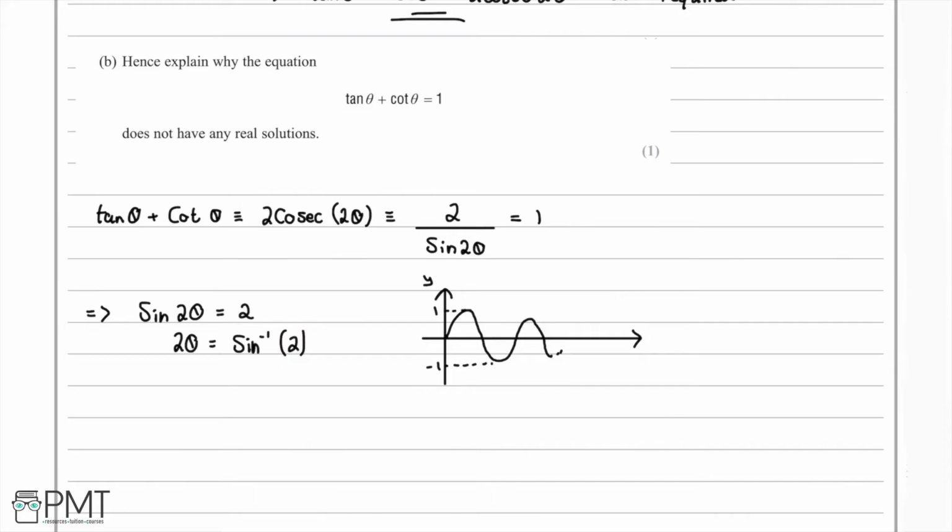So we know that sine is only going to be defined for -1 less than or equal to sine 2 theta less than or equal to 1. But we're looking for it being equal to 2. But we know this will never happen because 2 is greater than 1. So since 2 is greater than 1, the 2 is outside the range of sine 2 theta. So this means that no solution exists.